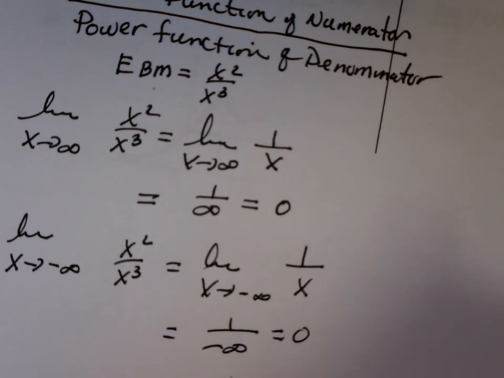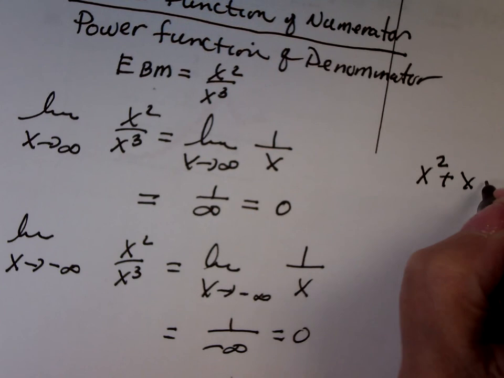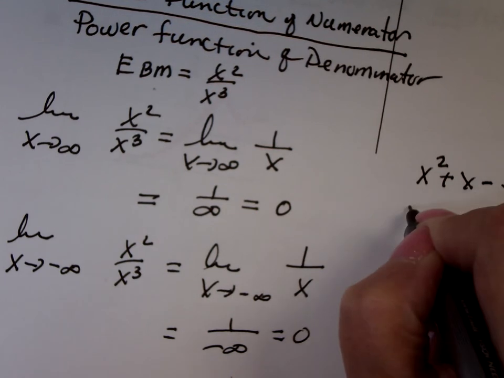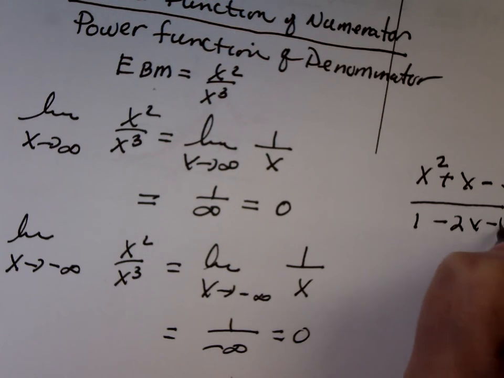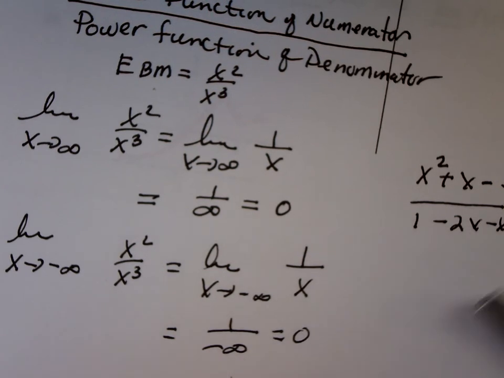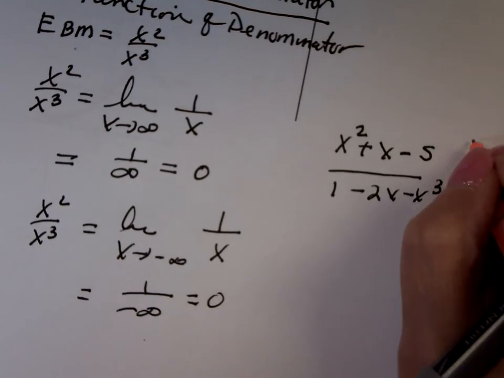What I was talking about earlier is if I had to do it the way your book would do it, or a traditional calculus book would do it, you multiply both numerator and denominator by 1 over x cubed.